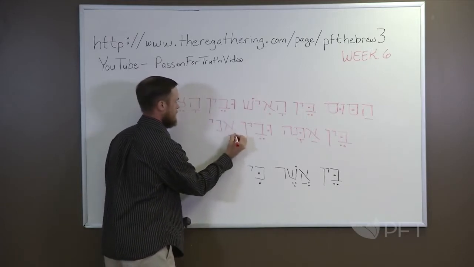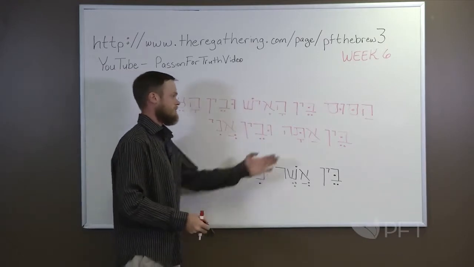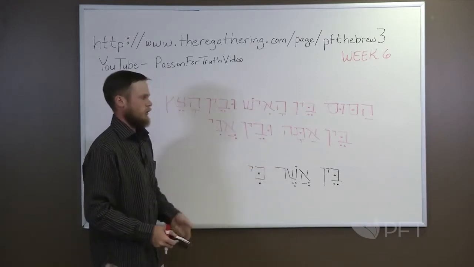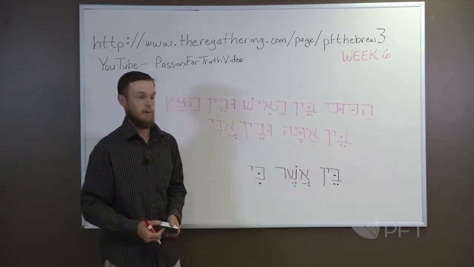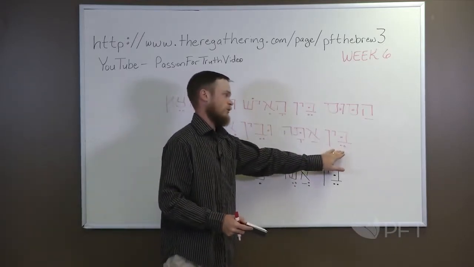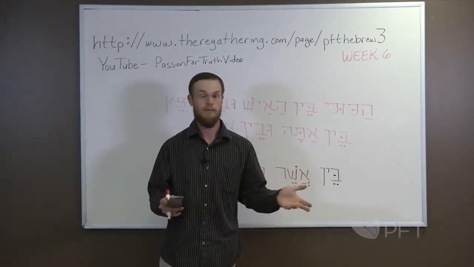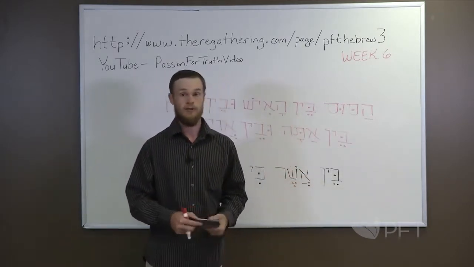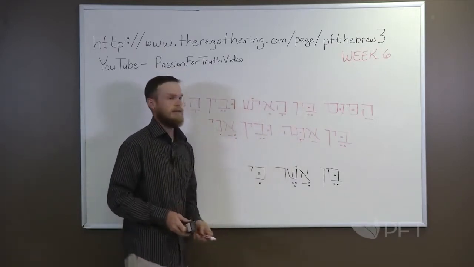Between you and me. But when you're reading it, it looks like between you and between me. Bain has to be used before each of the parameters that are defining the boundaries of what the word in question is between. So it's used otherwise just like the English between.